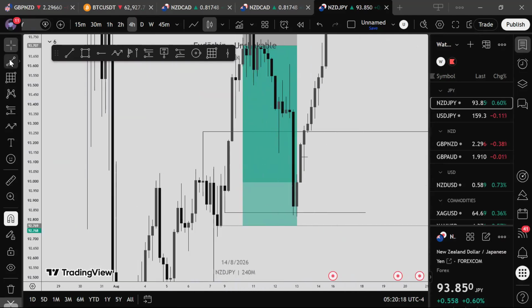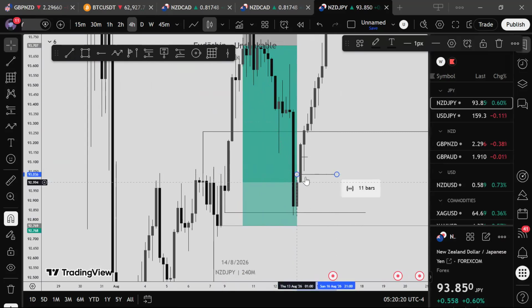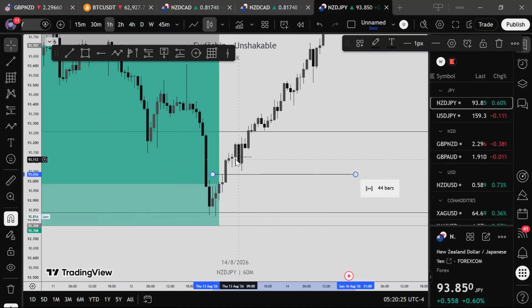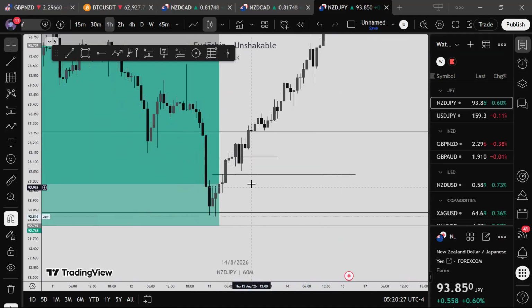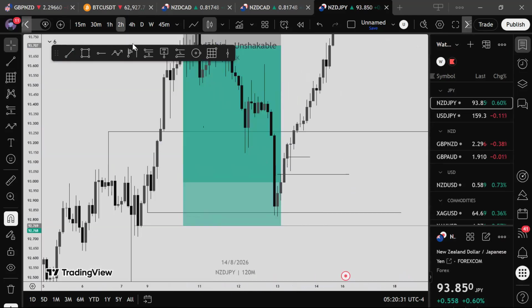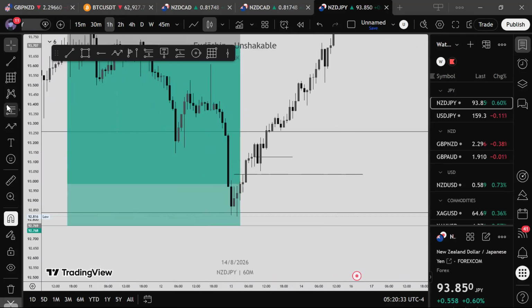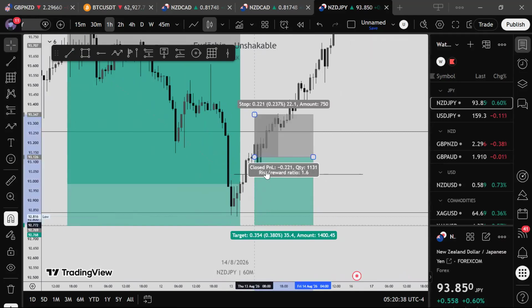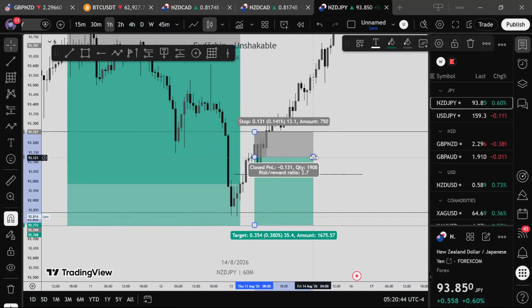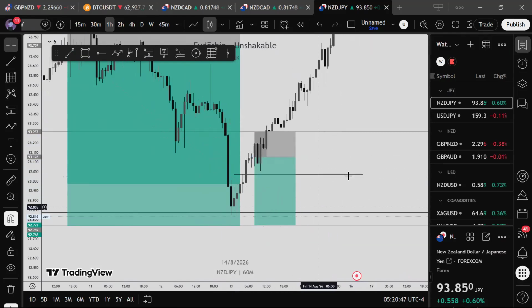It swept liquidity here, swept previous 4-hour liquidity, gave me a gap here, gave me an engulfing confirmation entry on the 1 hour. And so I had my entry right here, and my target was again just this zone here. And I had a fair enough stop loss. Gave me some small profits before it reversed and I had a loss.